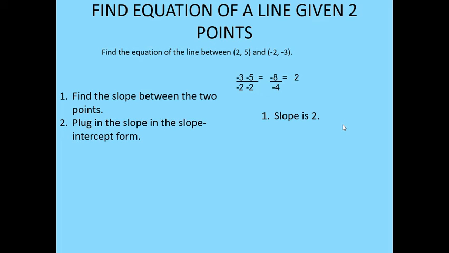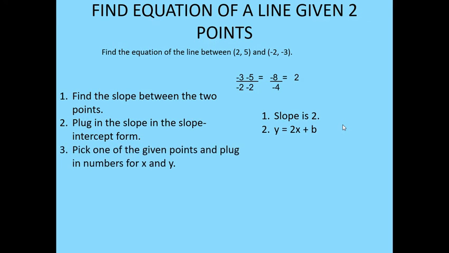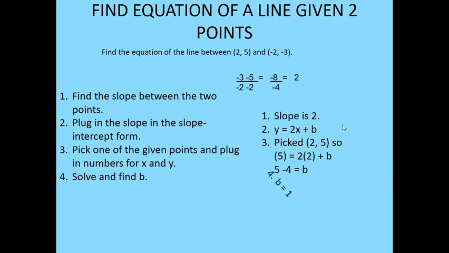We plug in the slope on the slope-intercept form, y equals 2x plus b, but we still have to solve for b. We can pick any of the points. In this example, we'll pick 2, 5, and plug the 2 in for the x and the 5 in for the y, and then we will solve for b, and b equals 1.